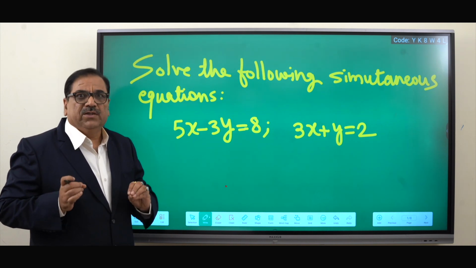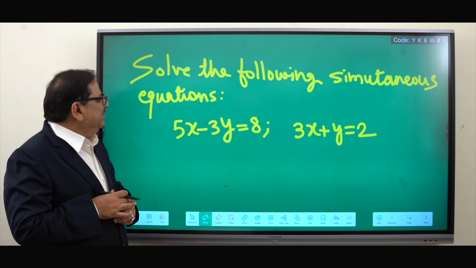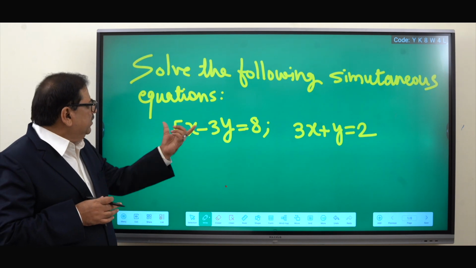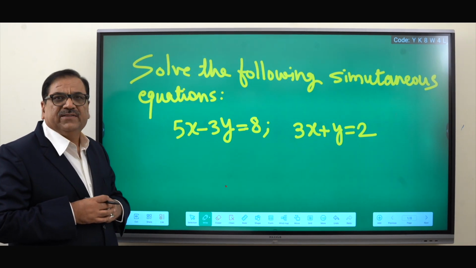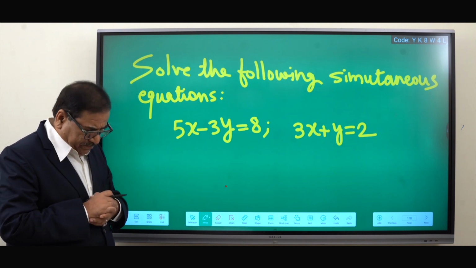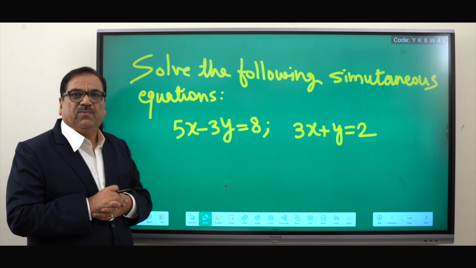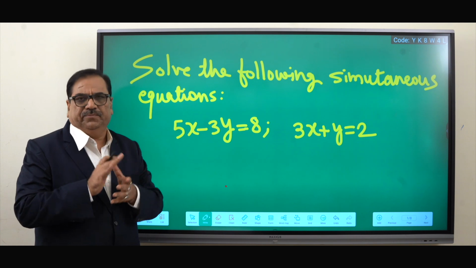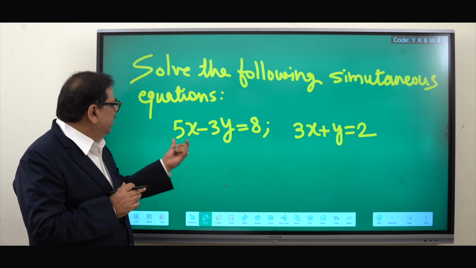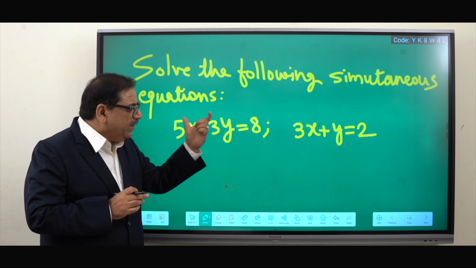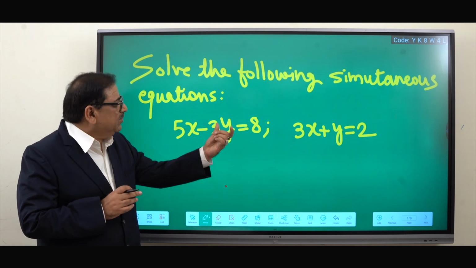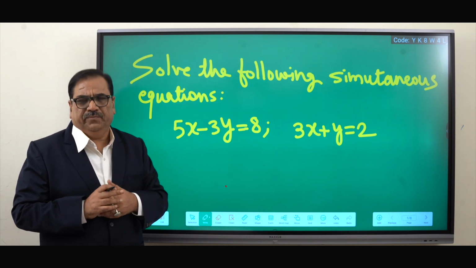Therefore, it is called simultaneous equations. Here, the first equation is 5x minus 3y is equal to 8, and the second is 3x plus y is equal to 2.